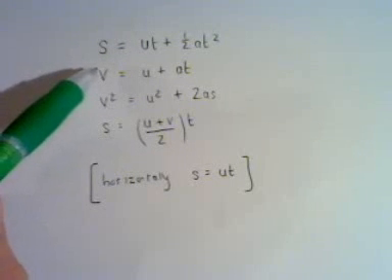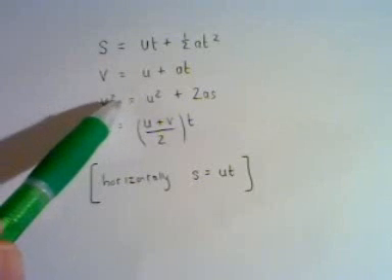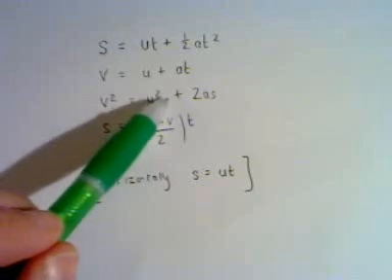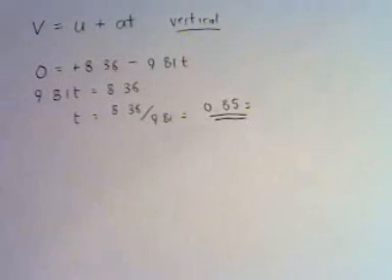We could use any of them. Let's use this one: v squared equals u squared plus 2as.